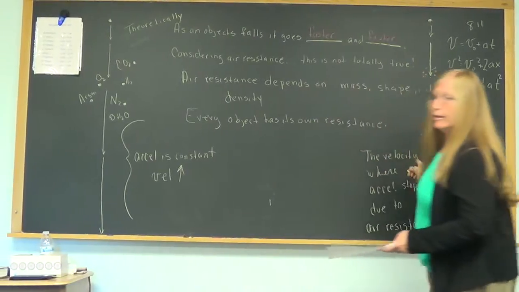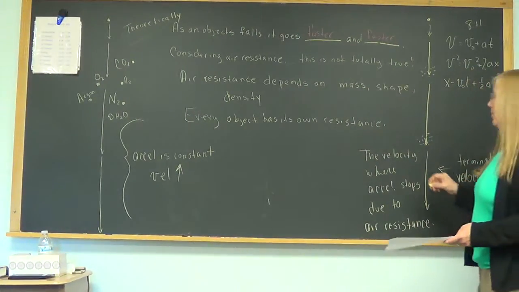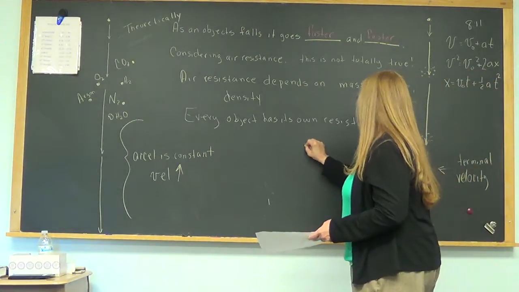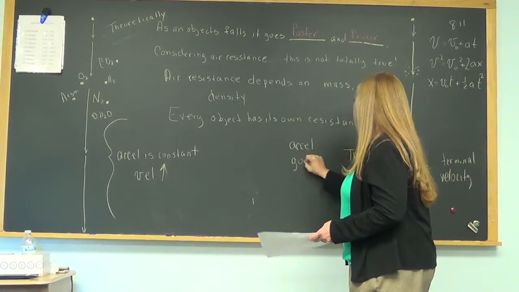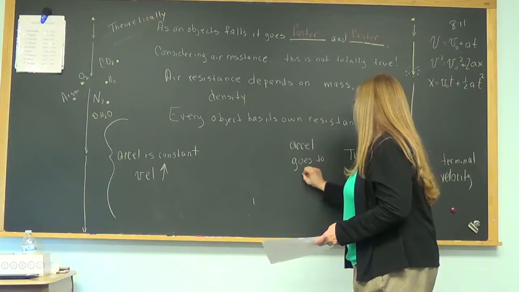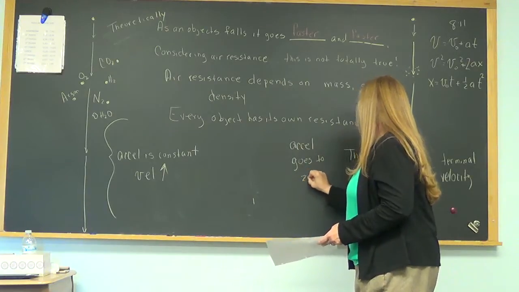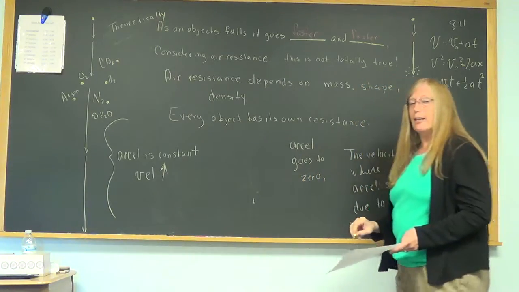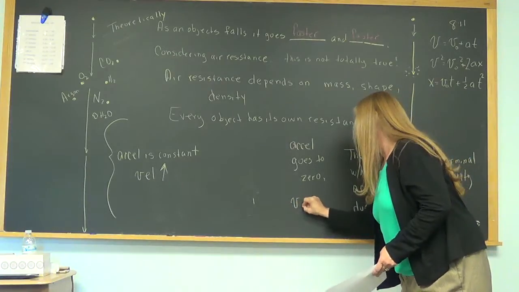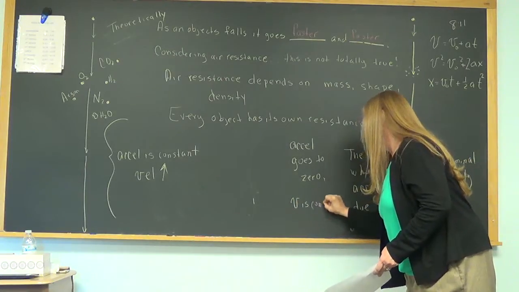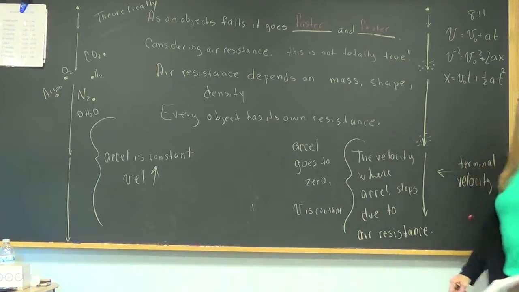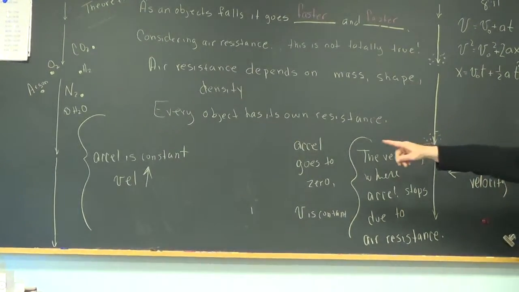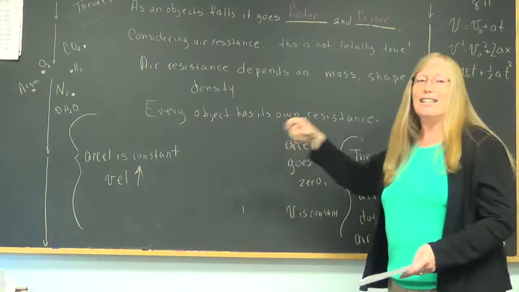But over here, when we have air molecules, the acceleration goes to 0. It no longer accelerates, and velocity is constant. So it's a different scenario on this side of the board in La La Land than it is in real life.